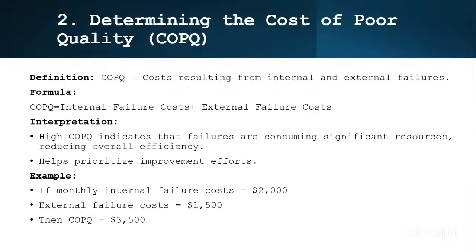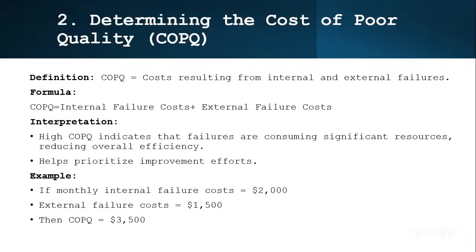So when you realize that the failures in your systems are bringing about very significant resources beyond what you had budgeted for, they have a direct impact on the overall efficiency of your service delivery. It's as simple as that.